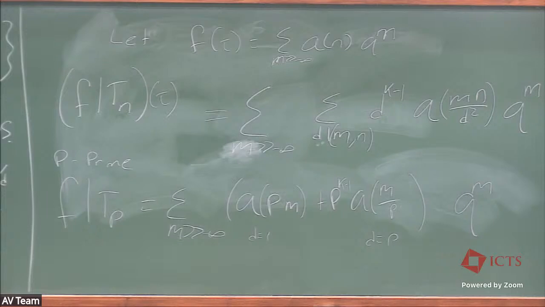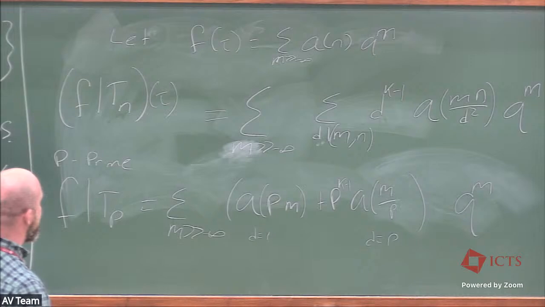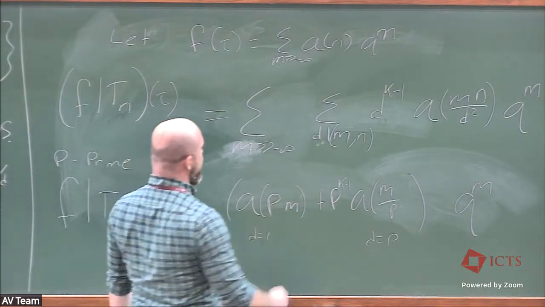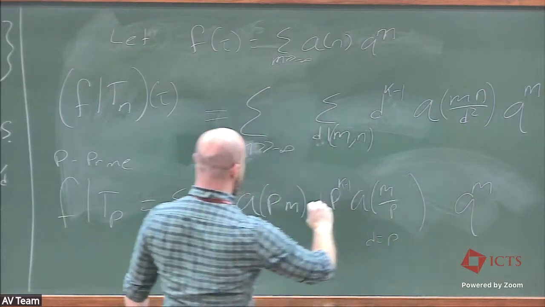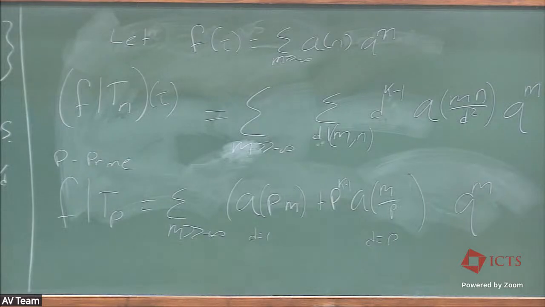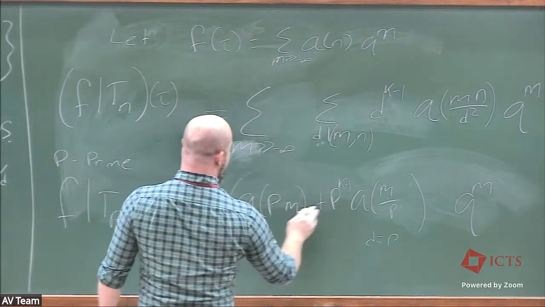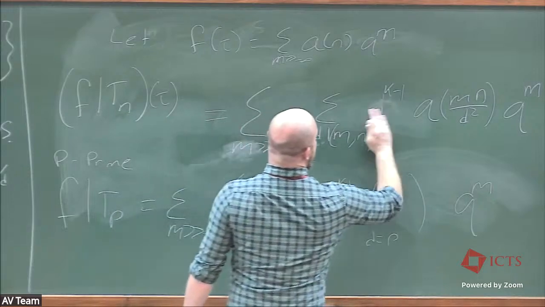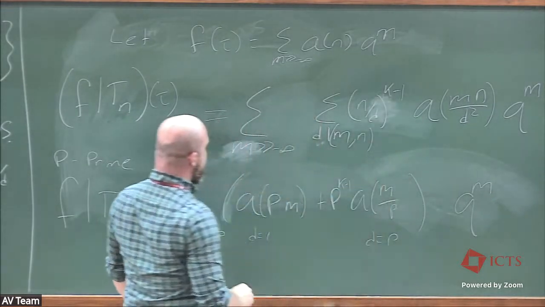I want that to go the other direction. Yes, okay. So I definitely want this on the other side here, which means I need this to be n over d to the k minus 1.